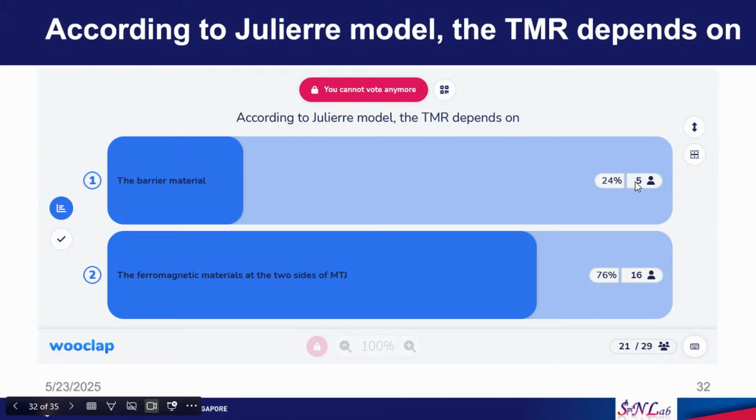Okay, these 5 are not following what I am talking about. I said many times that in the Julliere model the barrier is not considered, the TMR is decided only by the ferromagnetic layers at the two sides. It is a very simple question.